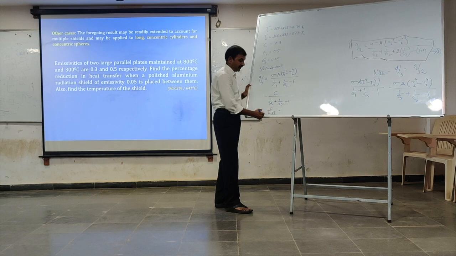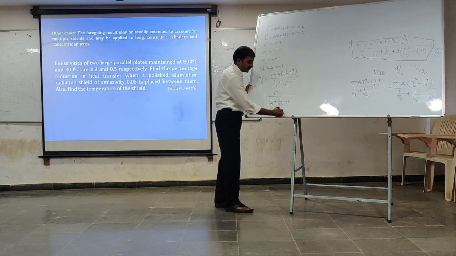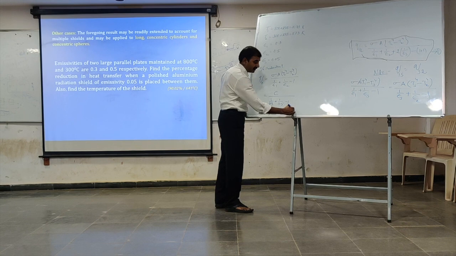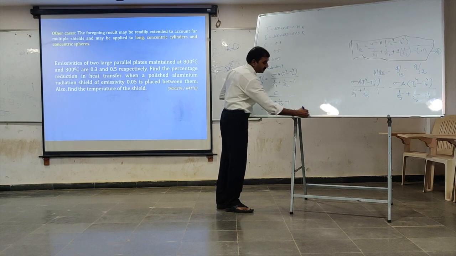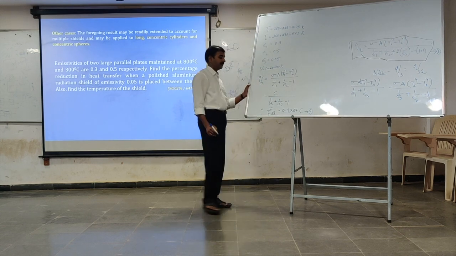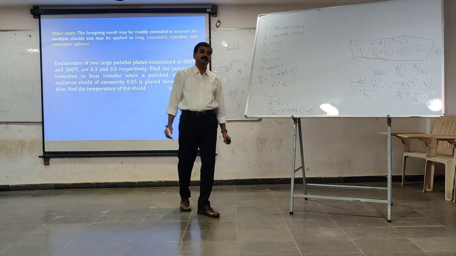Right. Now 1 by 4.33 value. 0.2307 into C. Let us assume this is some reference equation 1, right?